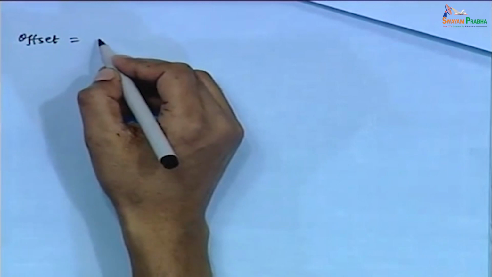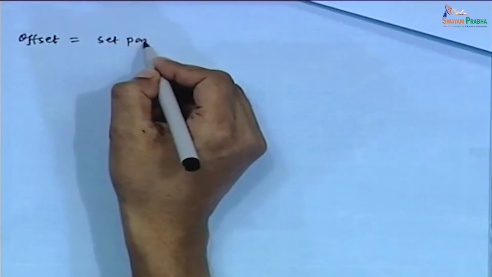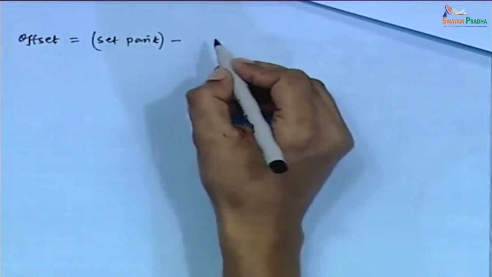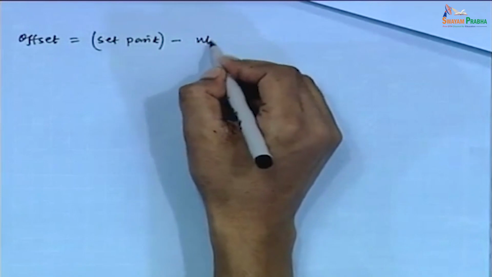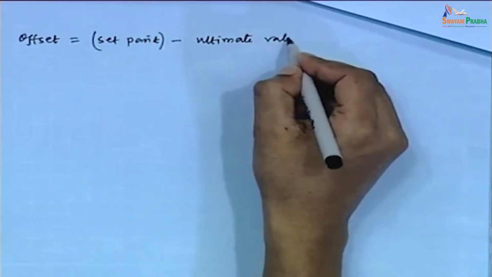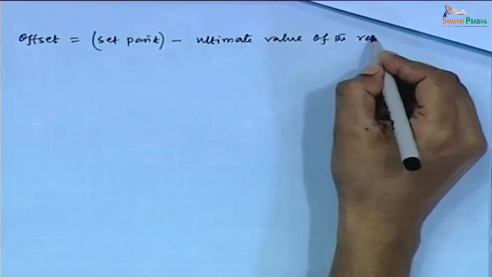Offset equals new set point minus ultimate value of the response.